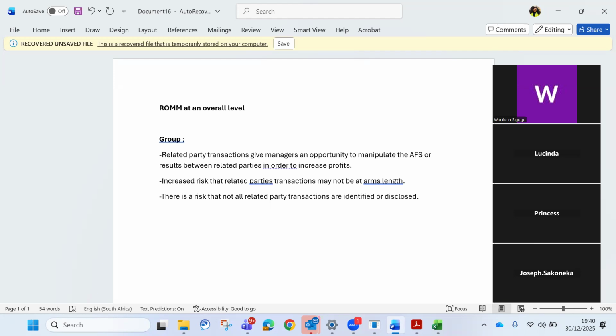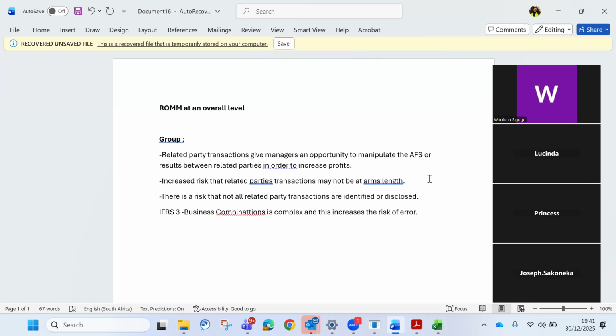What's the other part? When you're just looking at it by virtue of being a group, say there's three business combinations, it is complex, and this increases the risk of error.